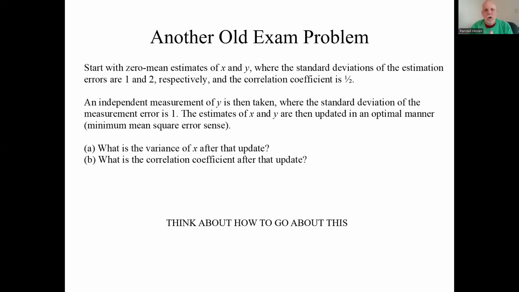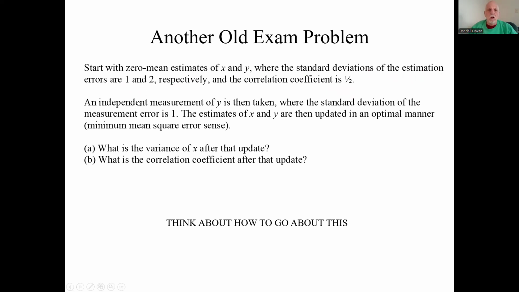We're going to do one more from an old exam. We start with estimates of X and Y, and they're zero mean estimates. So the errors in them are zero mean. We know the standard deviations of those going into it, 1 and 2. And the correlation coefficient between them, we know that too. It's a half.